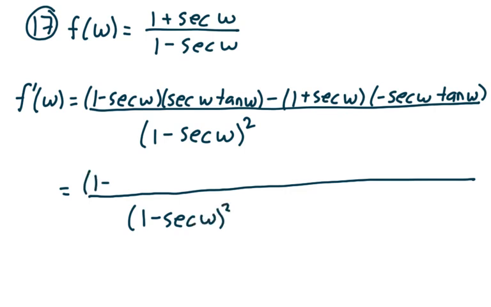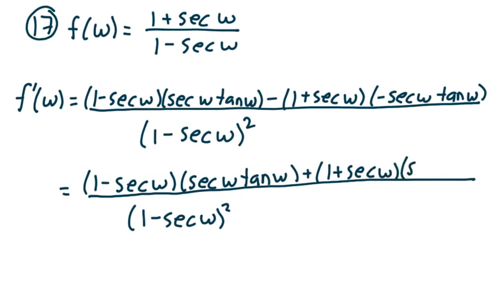On the top, we get 1 minus secant w times secant w tangent w, okay? But a negative times a negative is a positive. So I'm going to go plus 1 plus secant w times secant w tangent w.